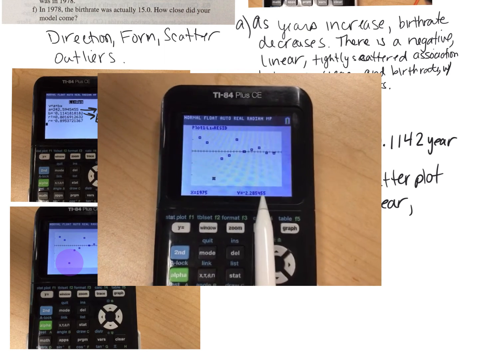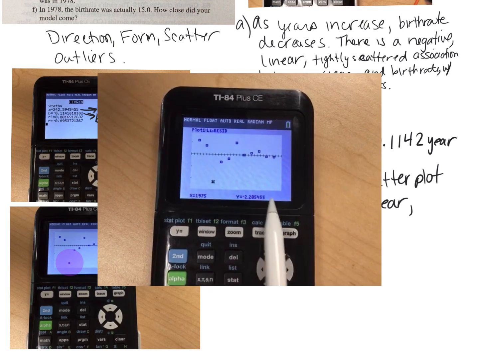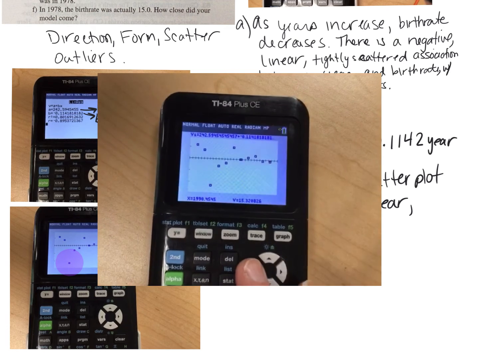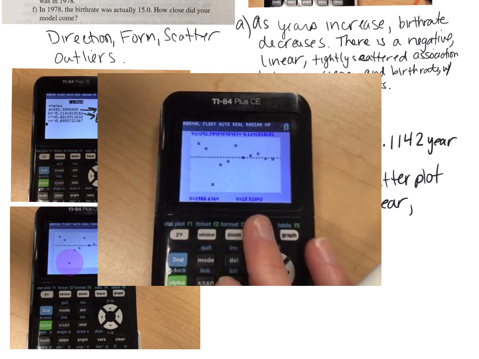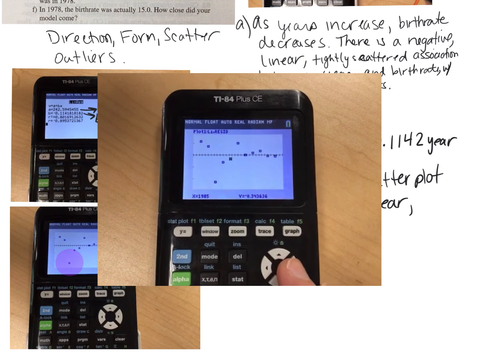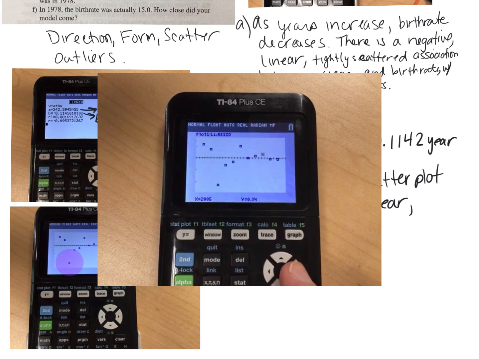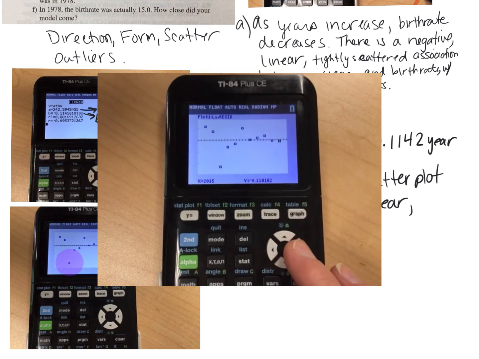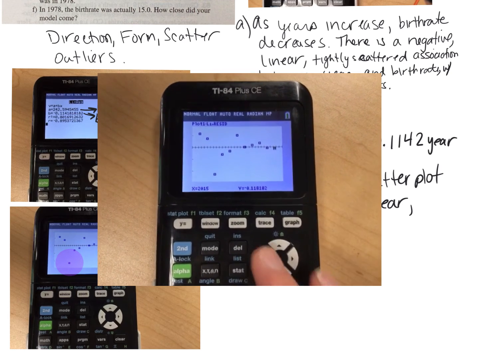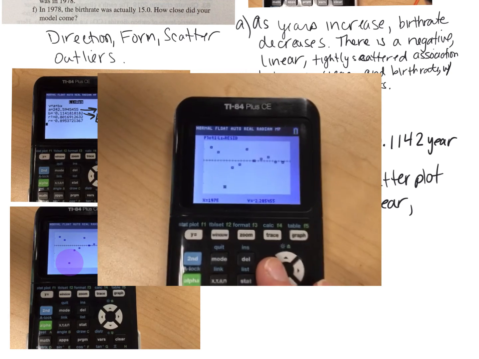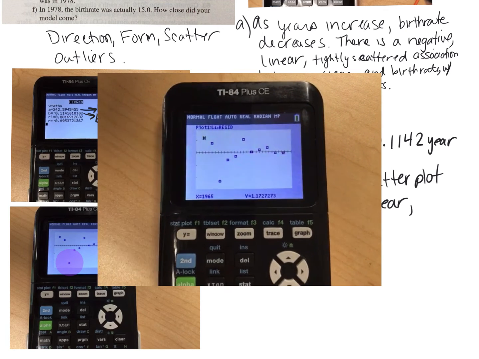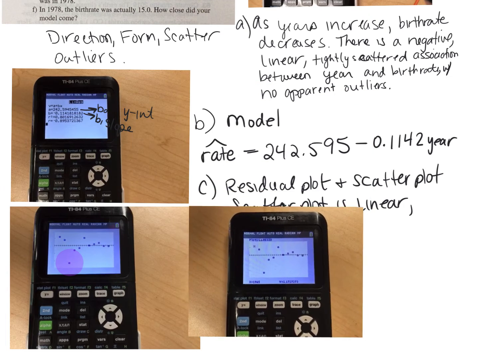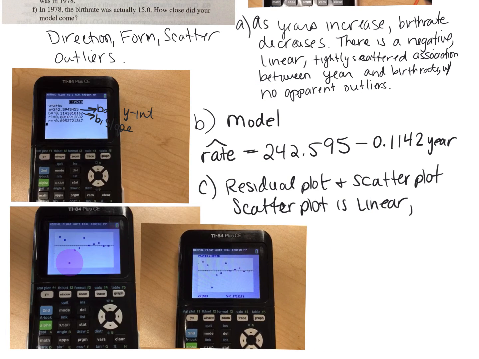So my largest residual here is negative 2.2. So we're not too concerned. If I go through the points, we're not too concerned about that one being too far away. These are all very small residuals. So I don't really see a pattern, and I see random scatter, so a linear model is appropriate.